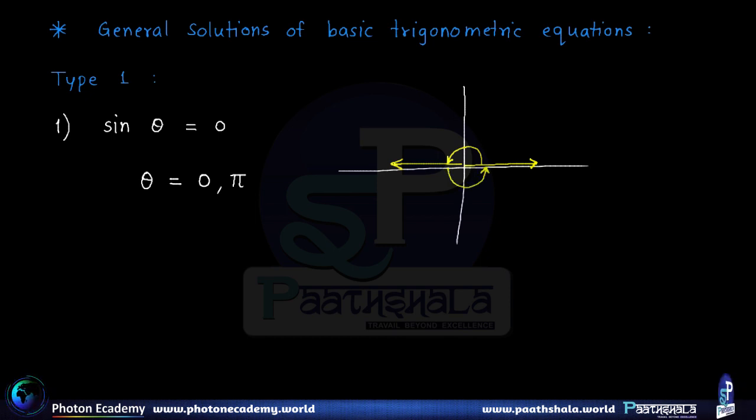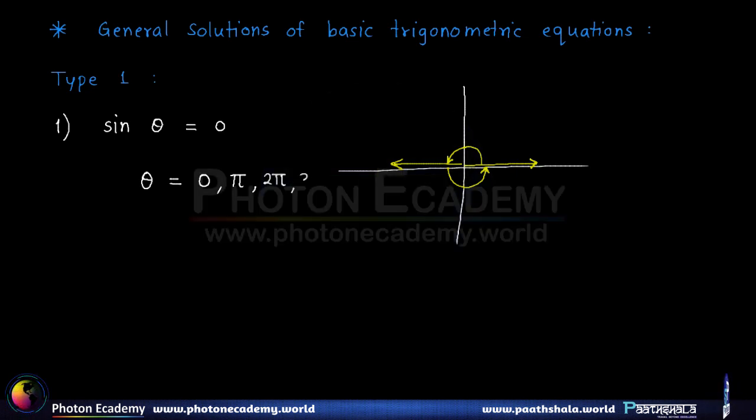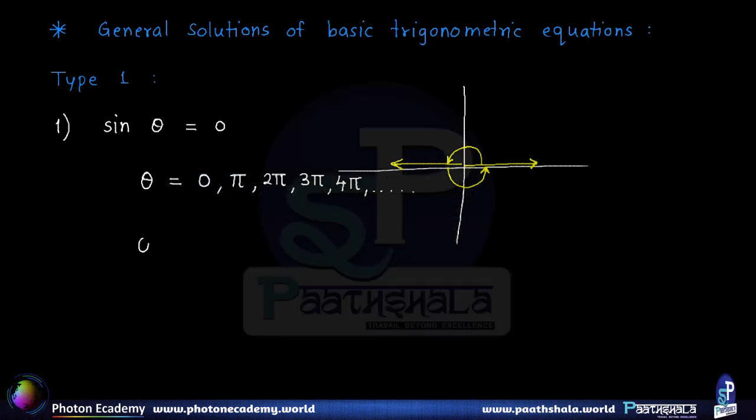So it's clear that the next angle whose sine is 0 is 2 pi, and we can continue and say that the angles 3 pi, 4 pi and so on will all have their sine as 0. Therefore, generalizing this, we get theta equal to some integral multiple of pi.